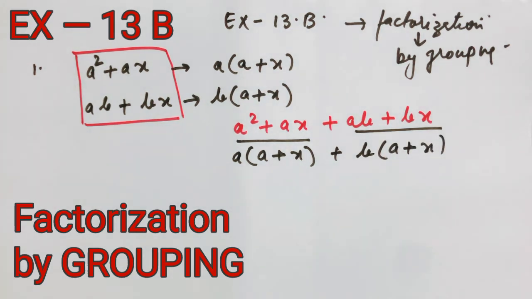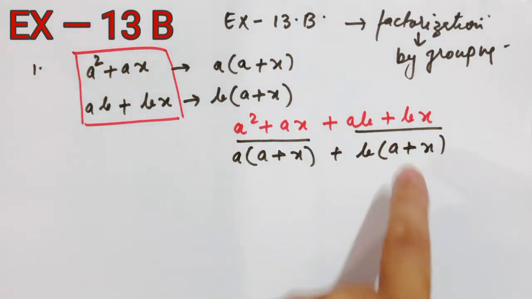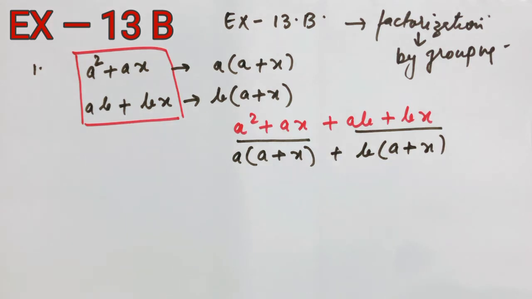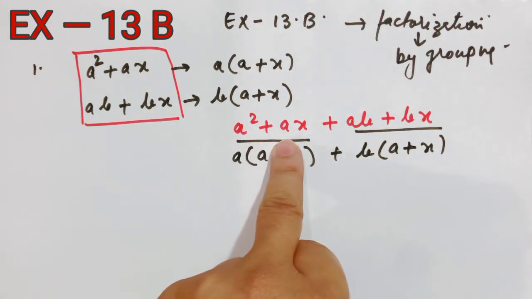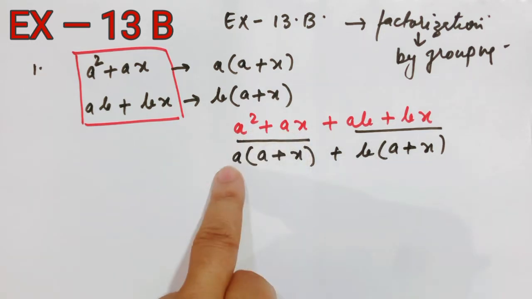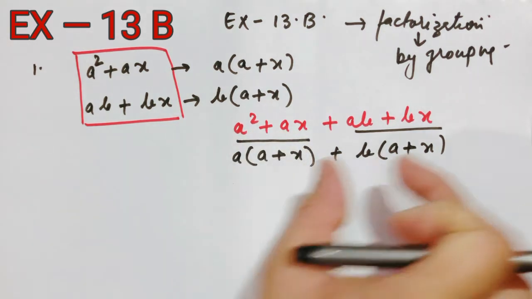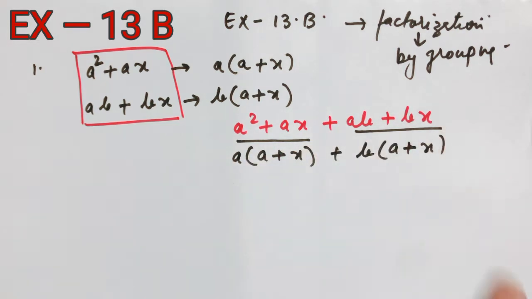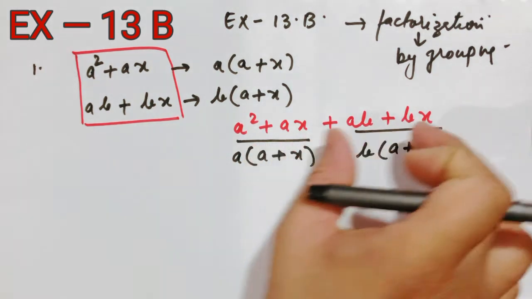This means four terms have been given and you will have to group them into twos and see whether something is common in these two different groups.